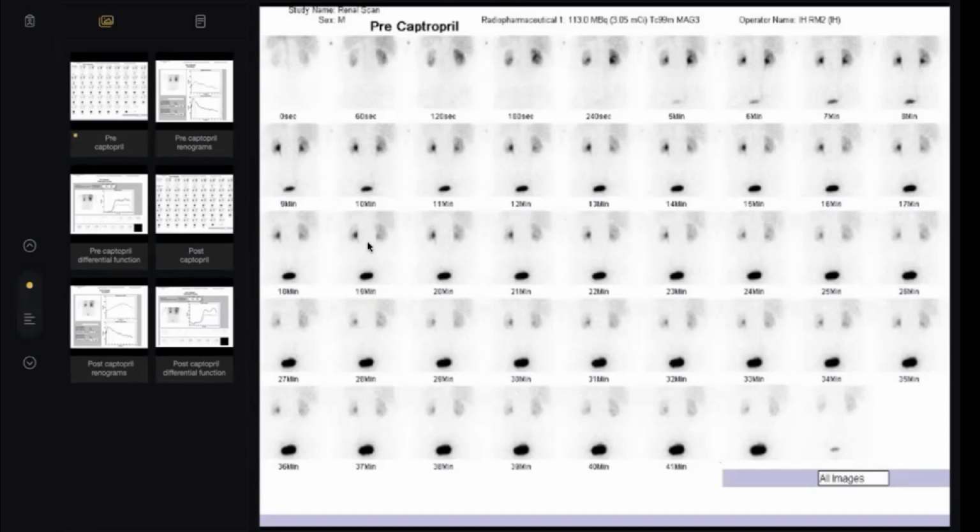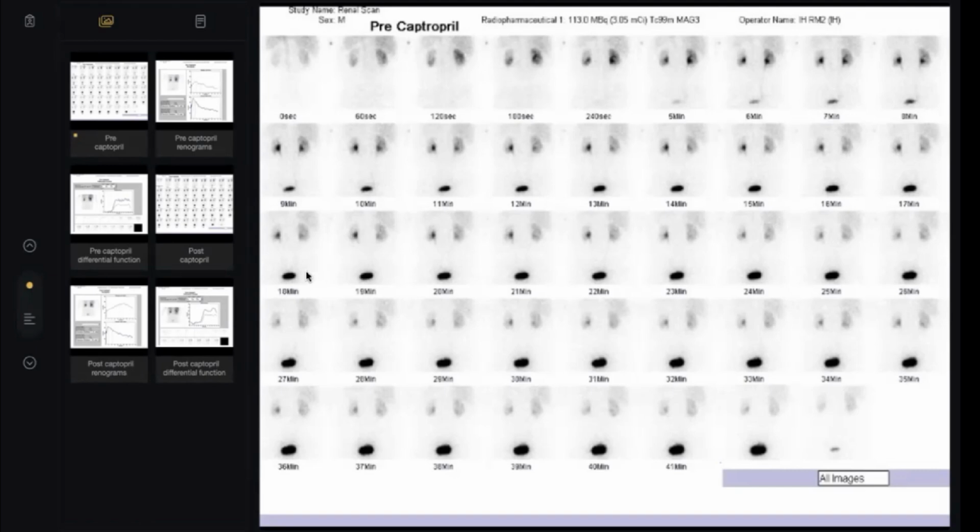Okay? Do you agree with me? Yeah, but still here persistent the same amount. See my colleagues, from the beginning, the left kidney takes just a small amount. The same amount is still caught or persistent within the same left kidney.